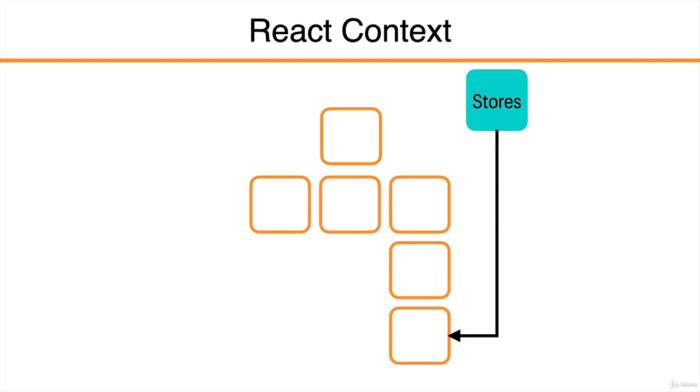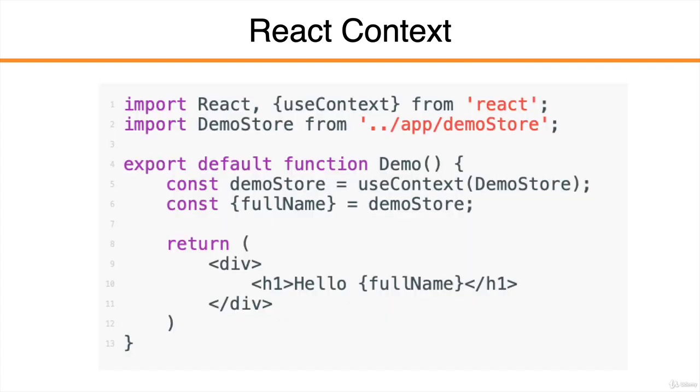Now, when we use React context, we've got a hook available that we can make use of, and in our MobX classes, we create the context, and then to consume the context, we can use the useContext method that we see here. And then we've got access to any of the properties, actions, computed properties inside the store.